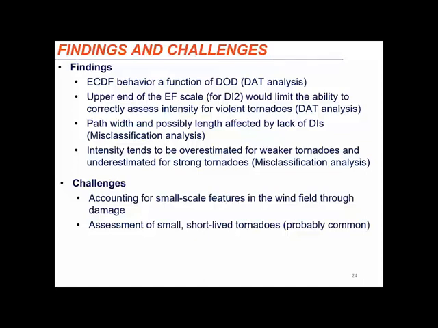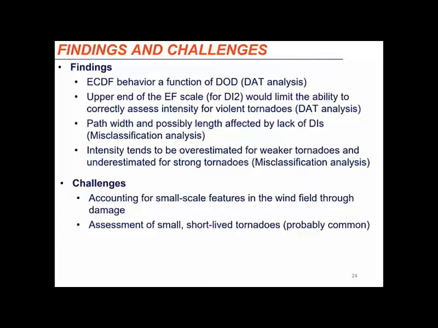And then in this misclassification analysis, the path width, and we didn't talk about length, but the width, is likely affected by the lack of DIs. Obviously we understand there are other damage indicators you can potentially use, but we focused on DI2 here. And then intensity tends to be overestimated for weaker tornadoes and underestimated for stronger tornadoes, based on the relationships that we used here.